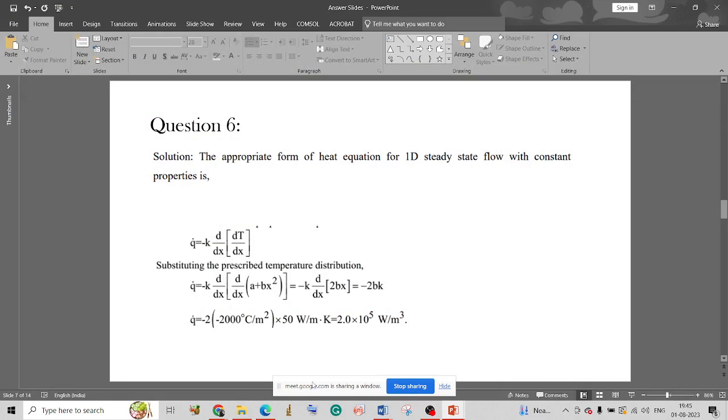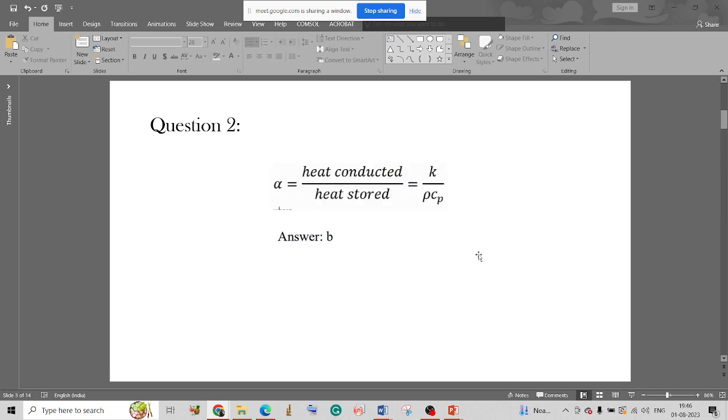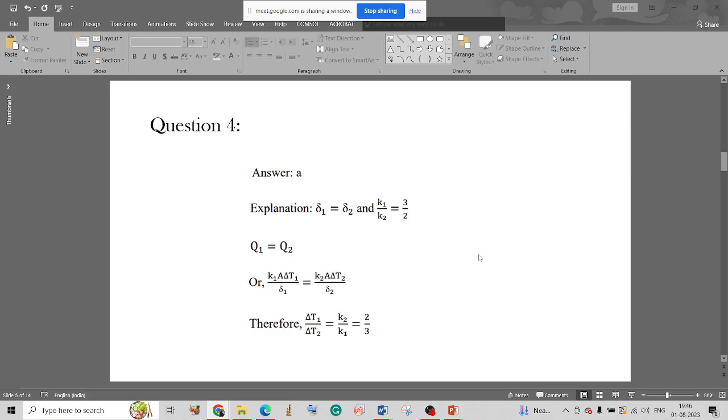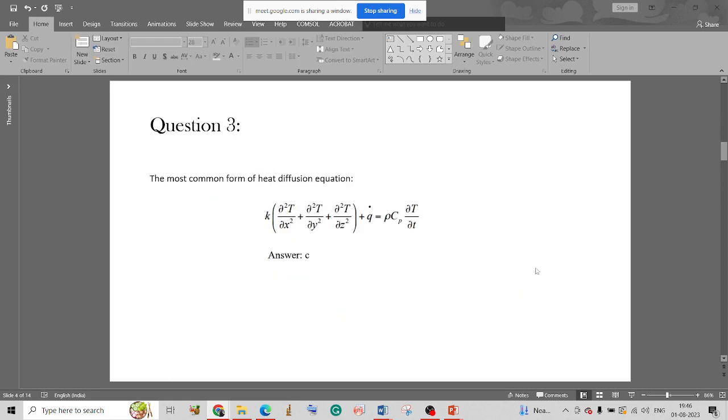Okay, so the appropriate form of heat equation for one-dimensional steady-state flow. First, the heat equation we have already seen. Just let me show you. This is the total heat equation, right?